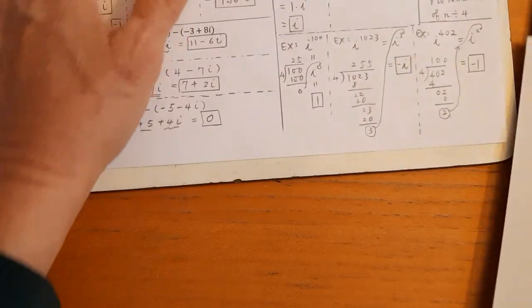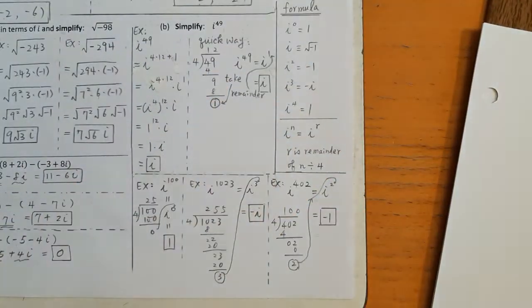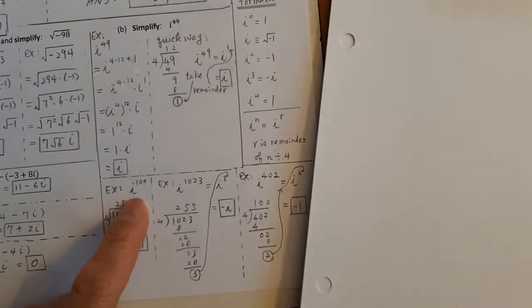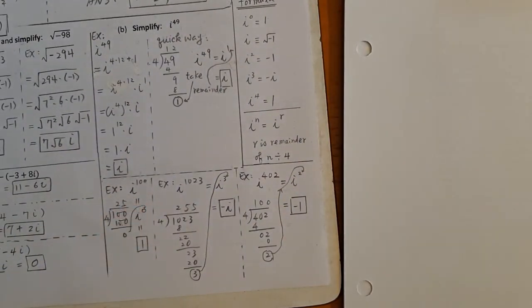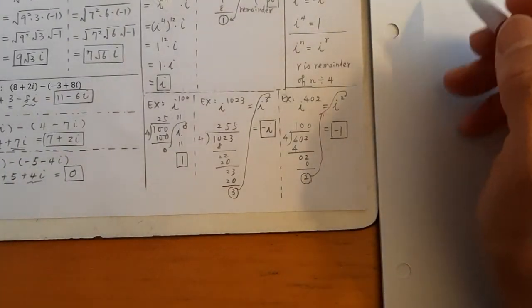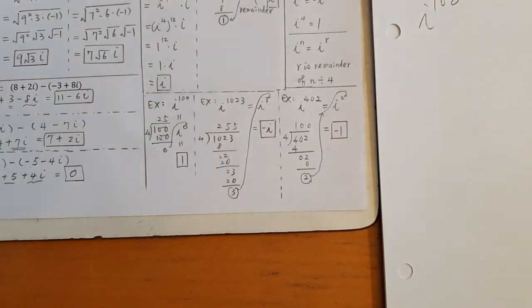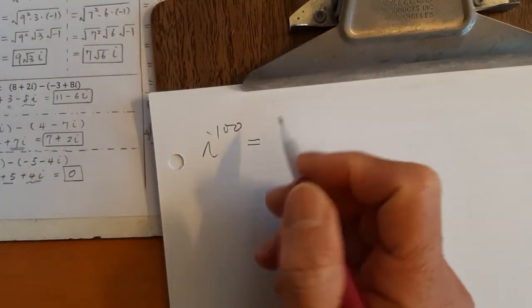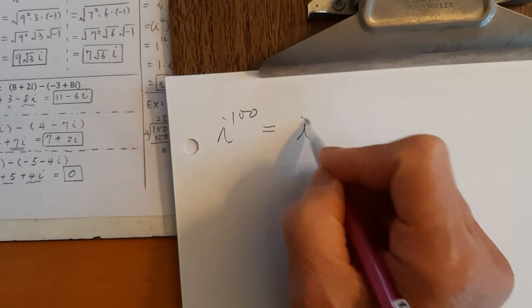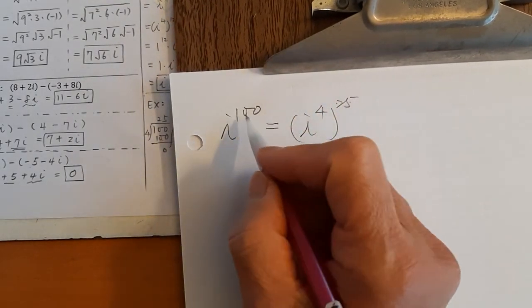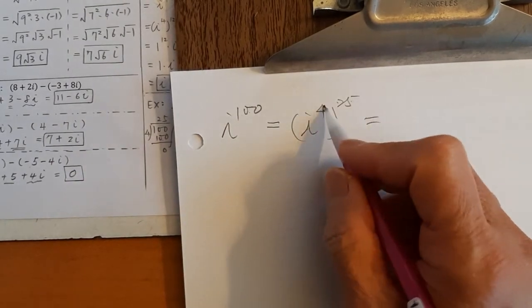So let's try another example. Example: i to the power 100. So 100 divided by 4, you get 25, since 4 times 25 is 100. What is i to the power 4?